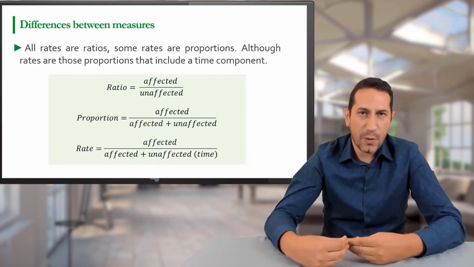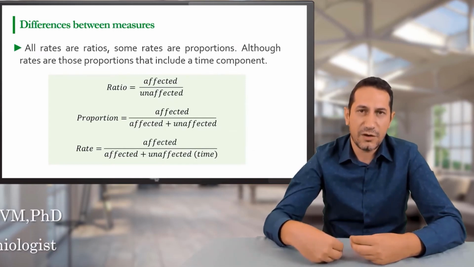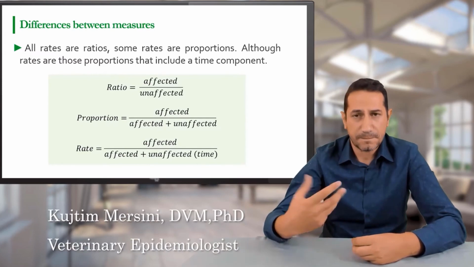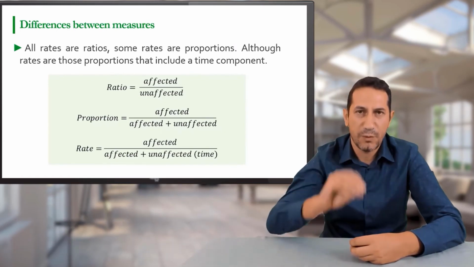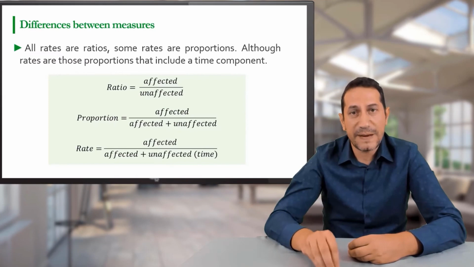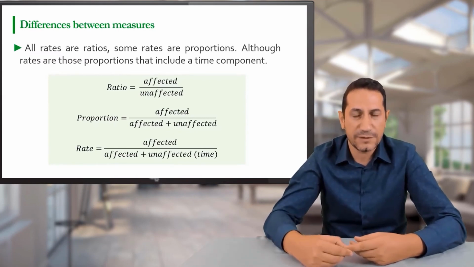While in a proportion, the numerator is a subset of the denominator. So again, going back to the example, we count the number of affected animals from a certain disease, and then we put those on top of the affected themselves plus the unaffected. That's how we derive a proportion.